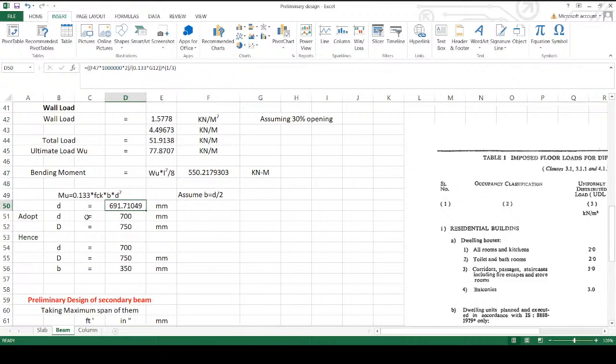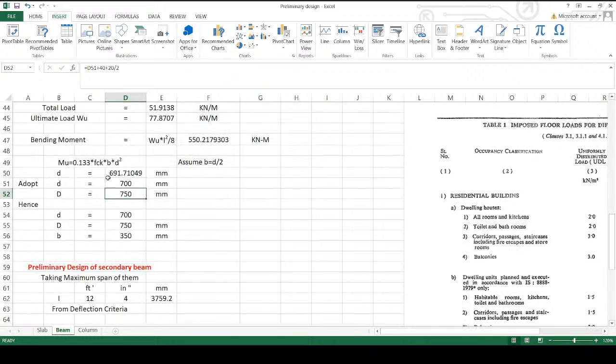I have calculated D, and D is greater than this, that is 700 I am assuming, and D is 750. D is 750. Okay, D, that is 40 mm cover and 20 mm diameter by 2, and we are selecting the greater value.